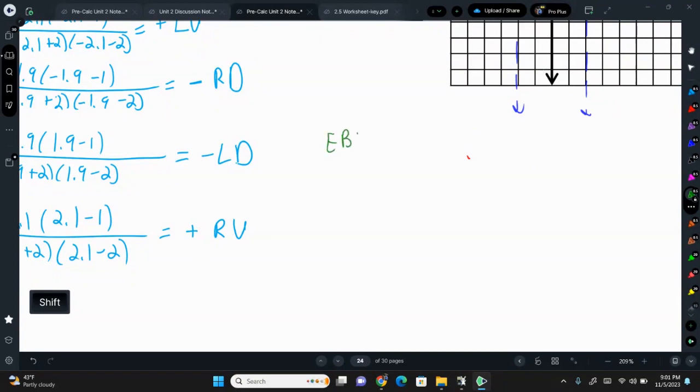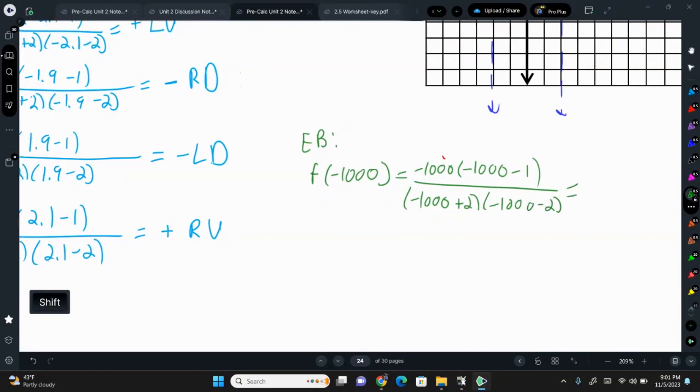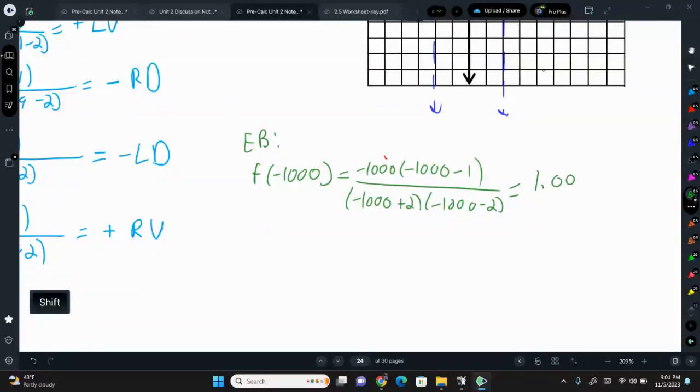End behavior. We're going to do f of negative 1,000. So it's negative 1,000 times negative 1,000 minus 1 over negative 1,000 plus 2 times negative 1,000 minus 2, and we get 1.001001, which is greater than 1, so that's above.